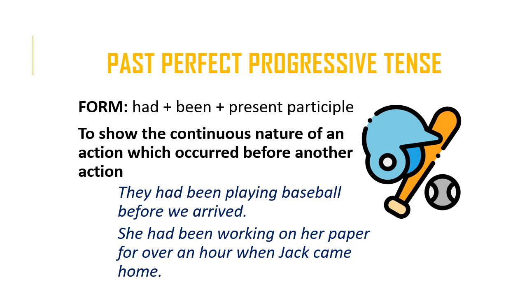So really the choice between the simple form and the progressive form is a choice of whether or not you want to emphasize the continuous nature of the action. So it's a more nuanced matter, and essentially the meaning is the same. So the difference is more nuanced than is the case with other tenses.